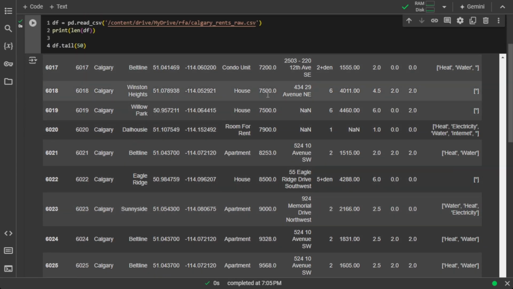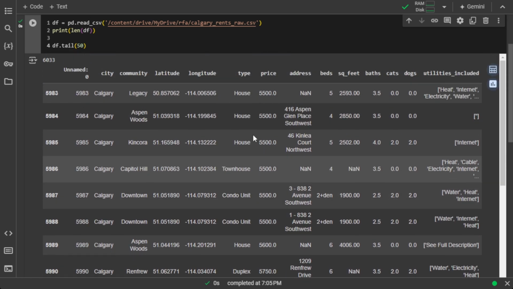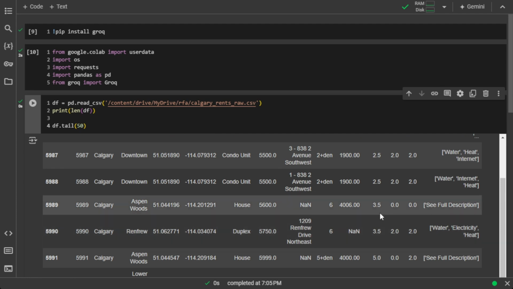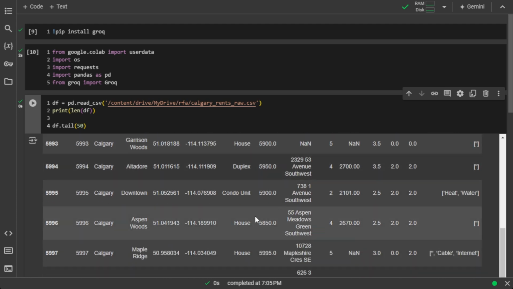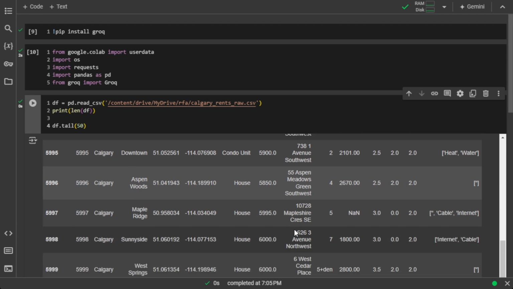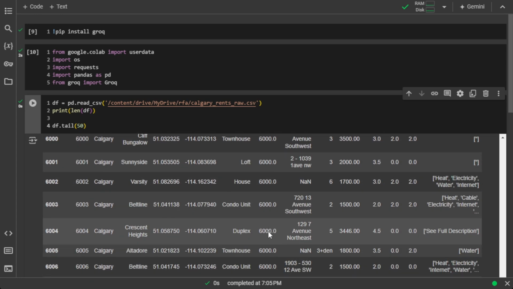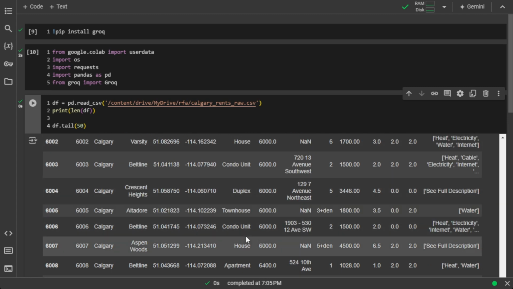Now you can see this column right here is the rental rate, the price. As you're looking through the details here, just bear in mind that we're at the bottom of the list where all the highest rents are. So seeing 5+ den, that's not normal, right? $6,000 rent duplex, that's not a $6,000 condo, come on.